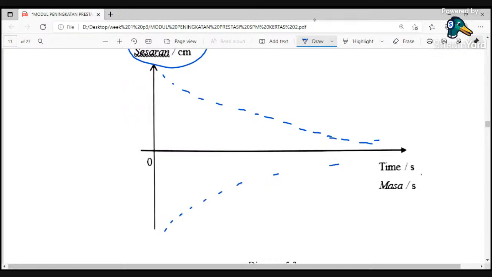Okay. And then we can mark the time interval dulu, sama. Okay, ini adalah dia punya center dia. Kita boleh lukiskan dia punya graph.